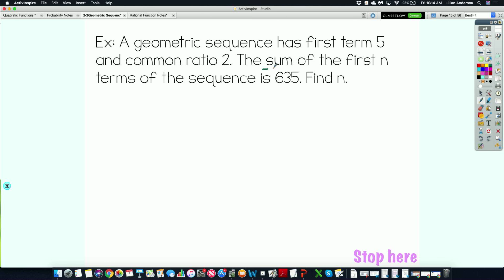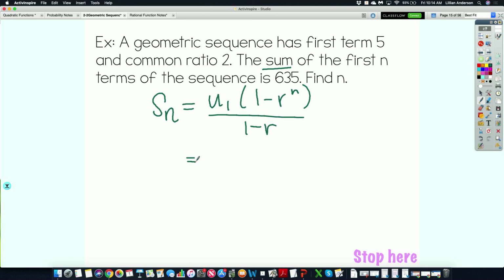Since the sum is given to us, we're going to use the sum formula. And we have all the other pieces of information, don't we? What's our first term? 5. What's our common ratio? 2. I do not know what n is. That's what I'm looking for.